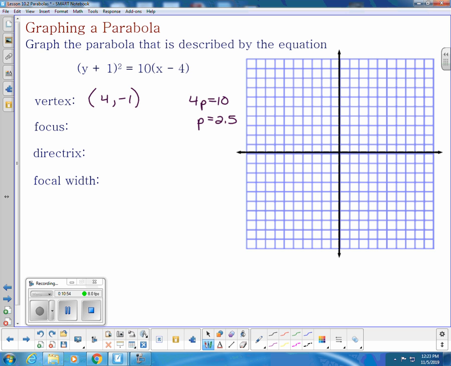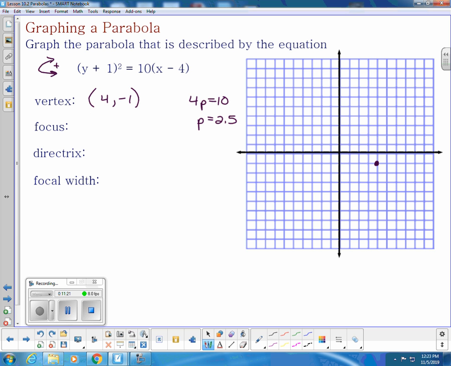Are we opening up, down, right, or left? It's a sideways parabola because the y is squared. So we're opening to the right. If I'm at 4, -1, we're going to change all the x's now.